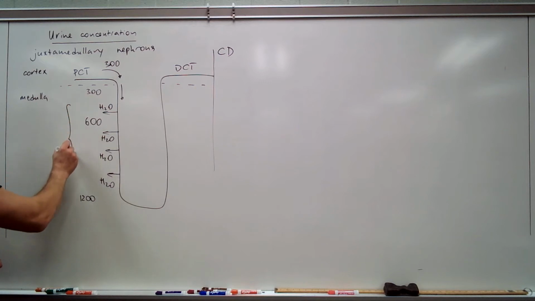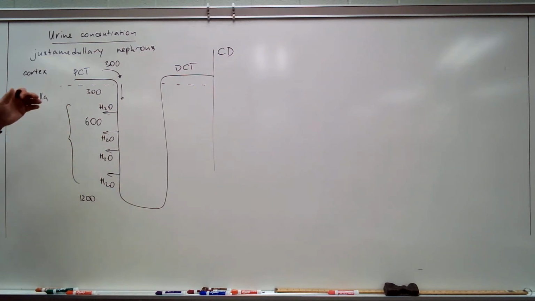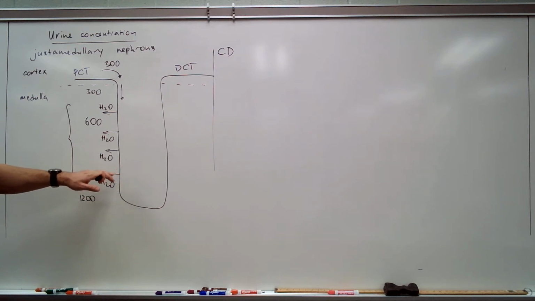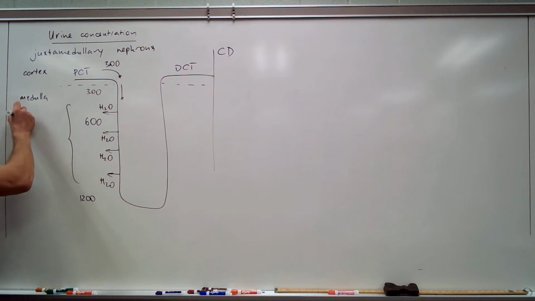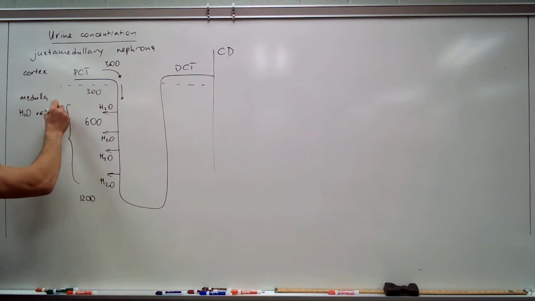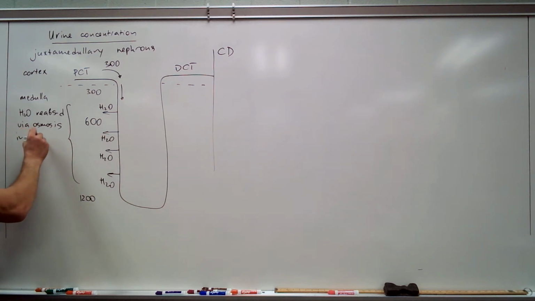Are we clear? Yeah. So here, it's called descending limb of the loop of Henle. Reabsorbed via osmosis, so it's passive reabsorption in the descending limb. We good?